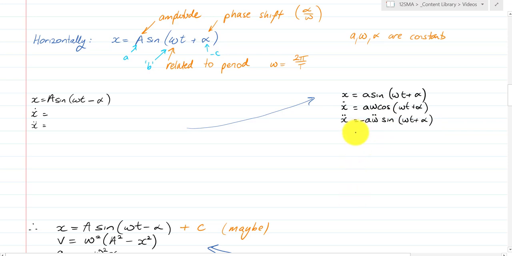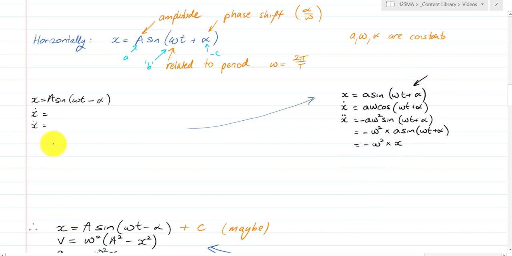Now we can rewrite this slightly differently. It gives us negative omega squared times a sine of omega t plus alpha, and that of course is negative omega squared times x, because x is equal to that other thing we've got there.